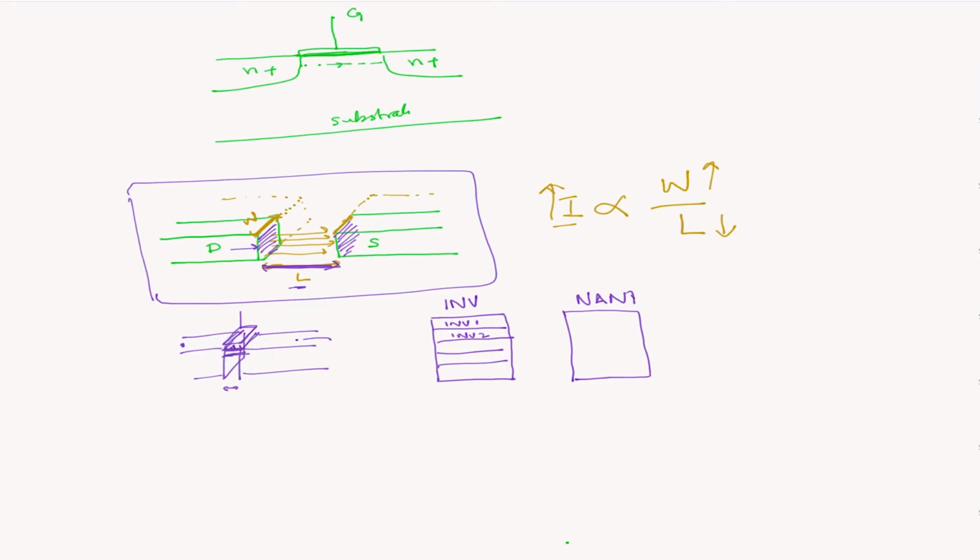So as we increase or decrease the voltage, the intensity of the current goes up and down. So when we put 0 volts, this transistor is off completely.